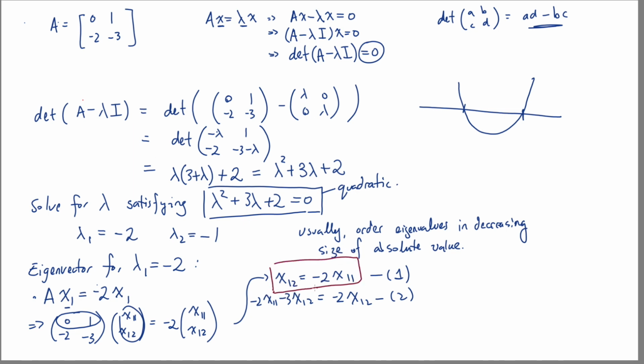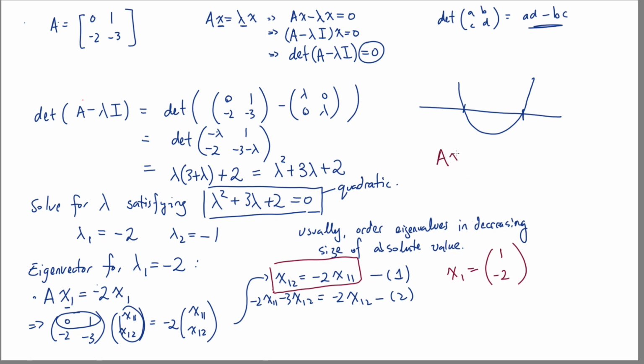Okay, this is basically telling me that the vector x1 has to satisfy this relationship between its two elements. Okay, so what this is saying is that the first element times -2 has to be the second element. So what I can just pick is, say the first element is 1, then the second element must be -2 times 1. Okay, so this is an eigenvector of this matrix A, and let's just check that.